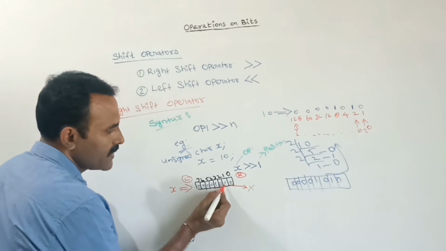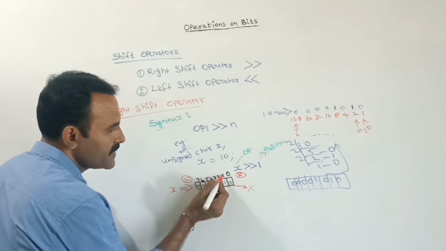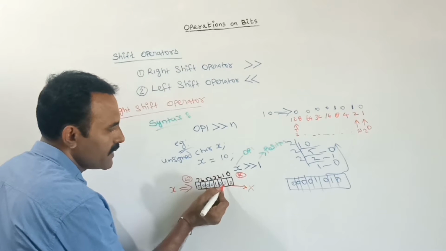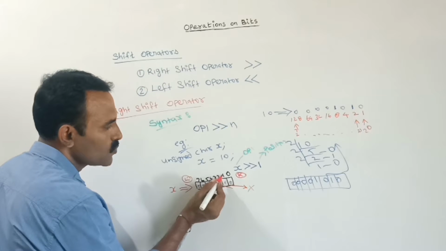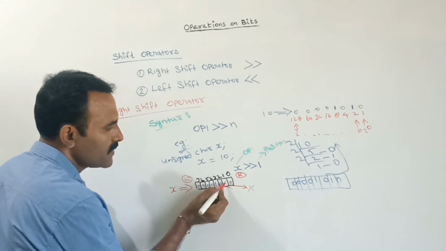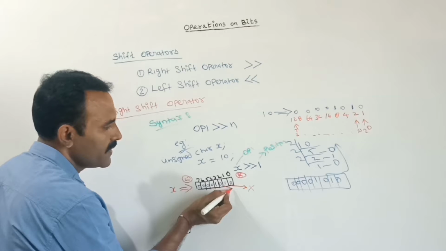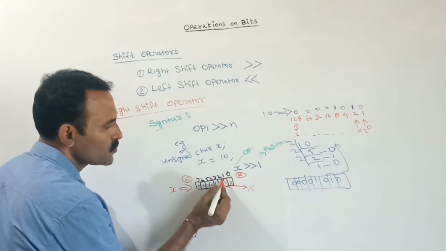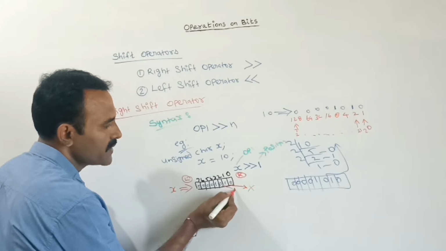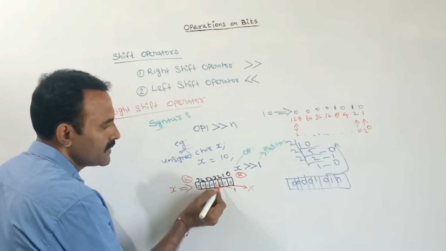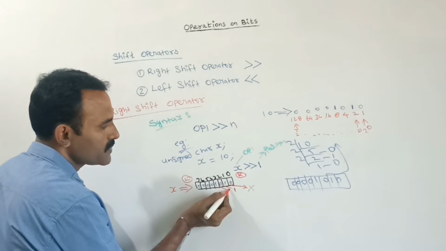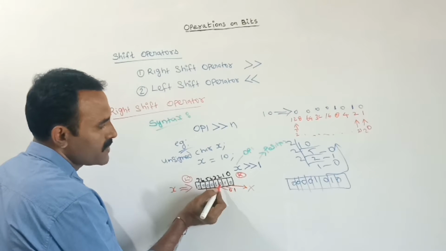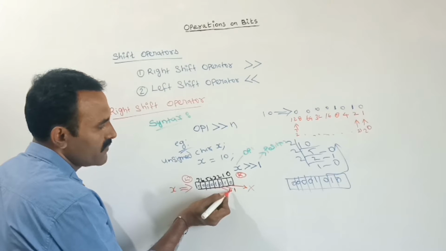Next, the first position binary value moves one position towards the right, to the 0th position. So now the value of the 0th position is 1. Next, the second position binary value 0 moves to the first position.